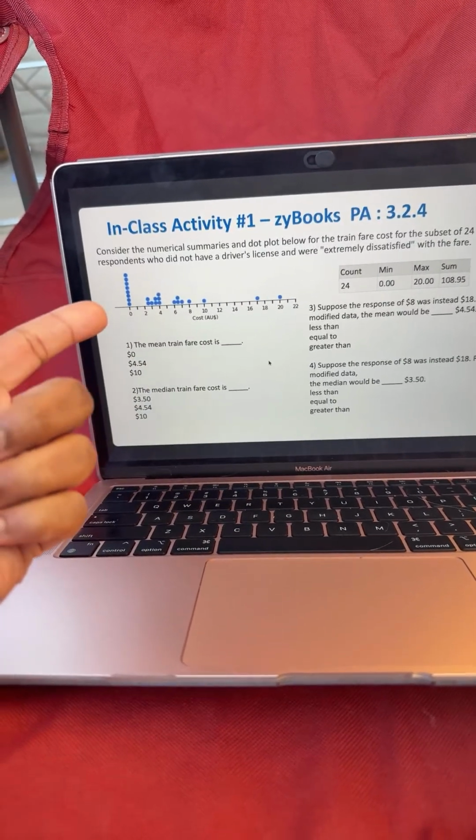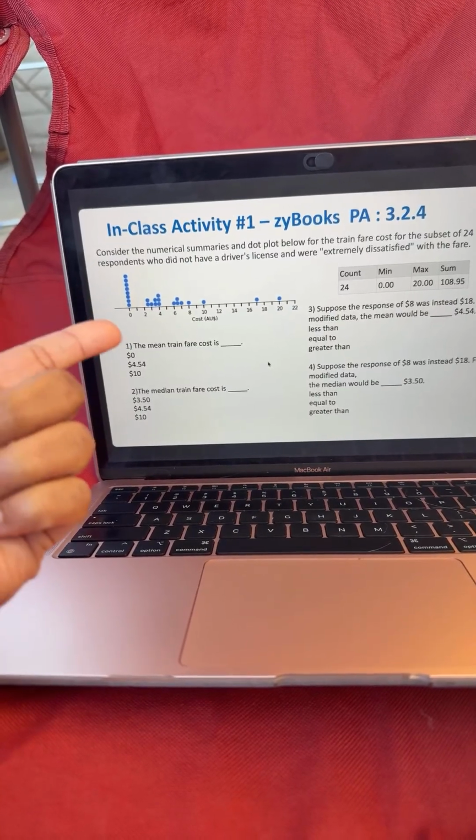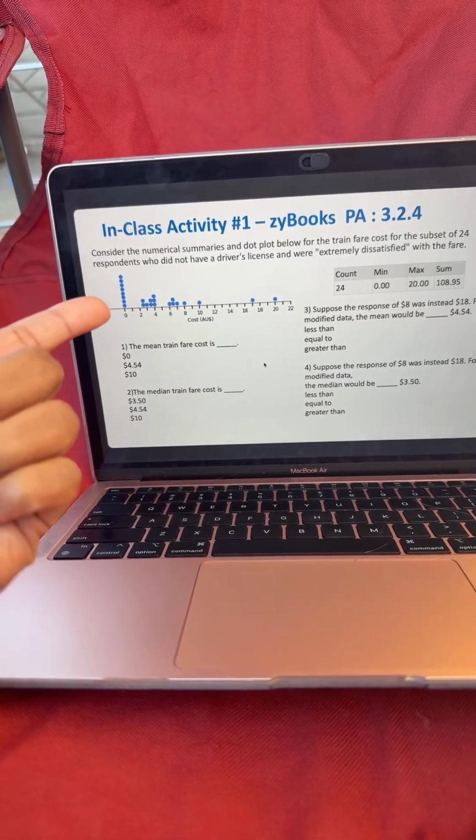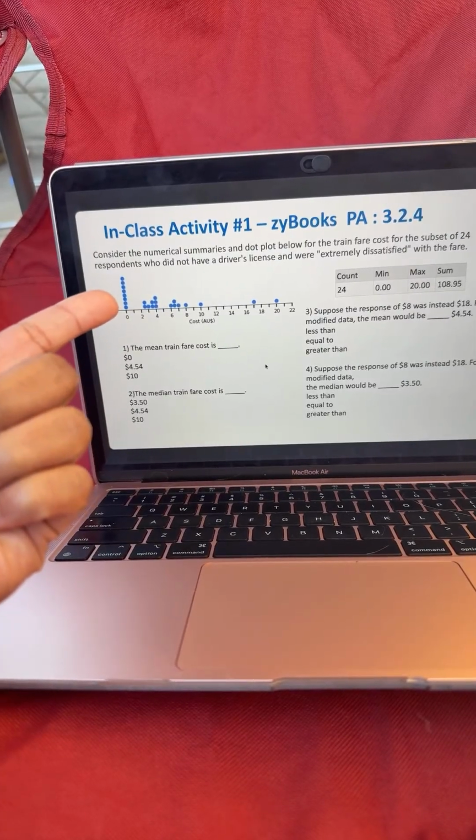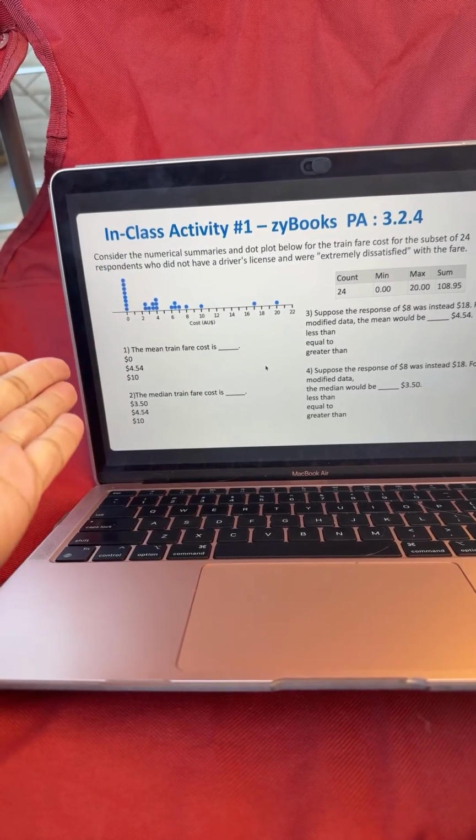So 2.5 plus 2.5 is 5, plus 3 is 8, plus 3.5 times 2 is 7. That's 15.